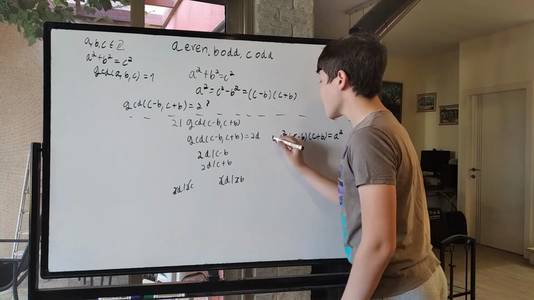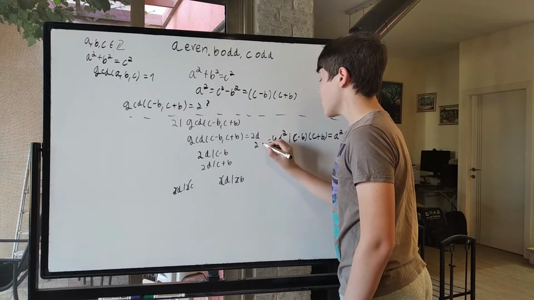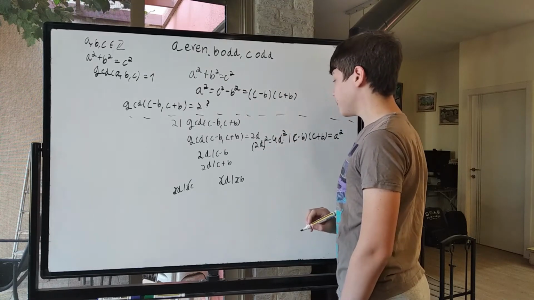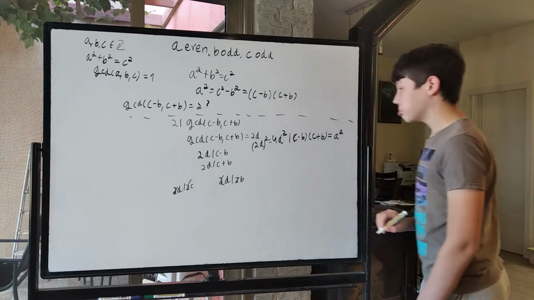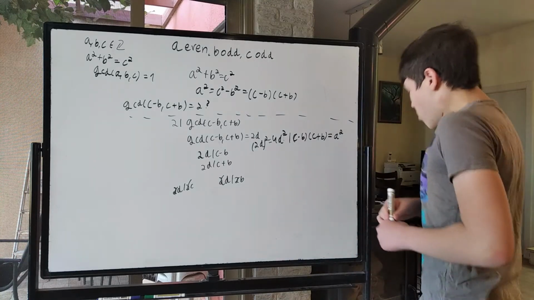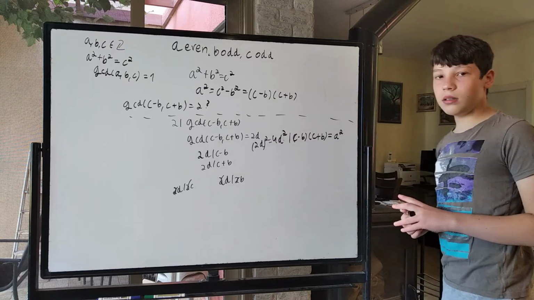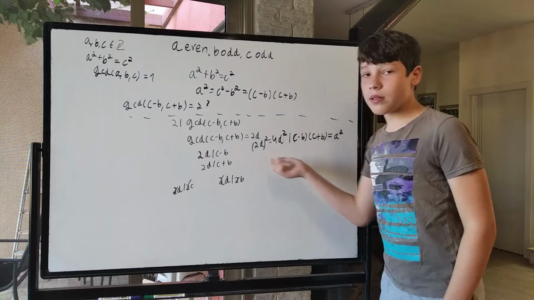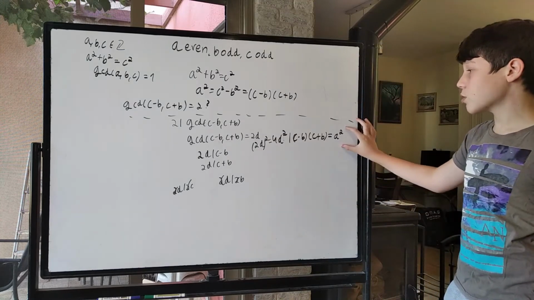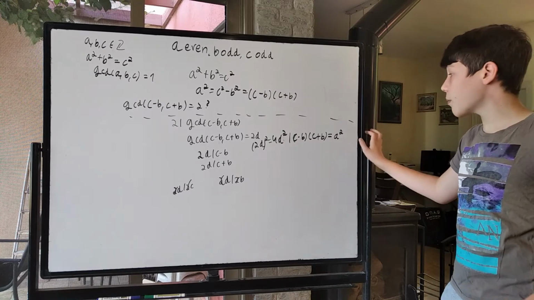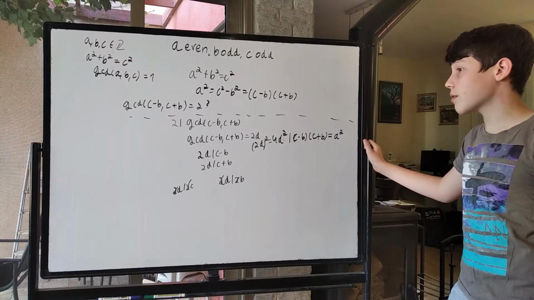And 4D squared is (2D) squared. And so we get, if we know something squared divides into another thing squared, then we can sort of do a square root on both sides and remove the squares.